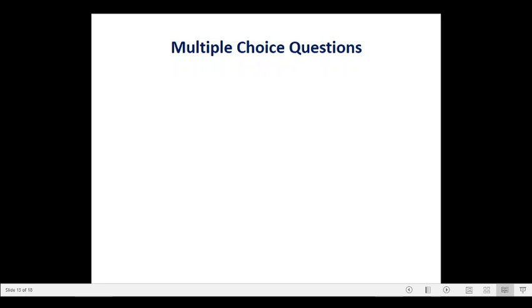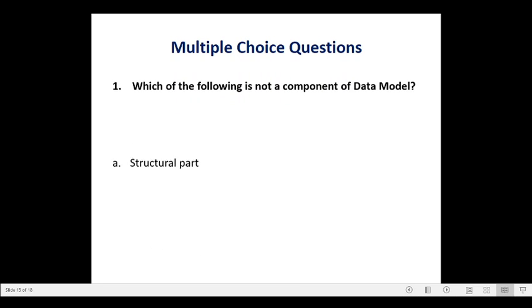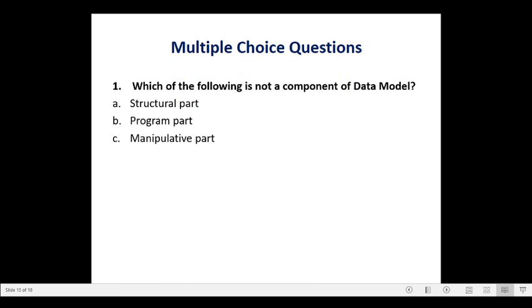Now let us try to answer the questions. The question is, which of the following is not a component of data model? Please recall the components that we have discussed. Now let's see the solution. Structural part, program part, manipulative part, and integrity rules.